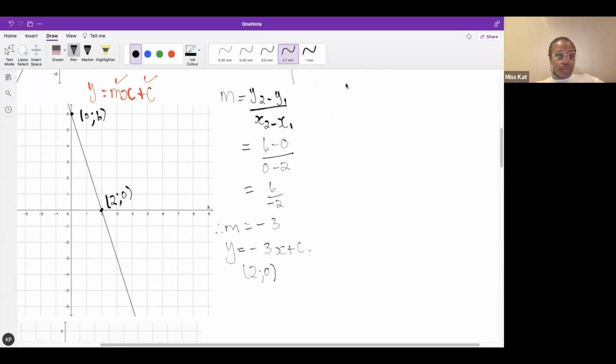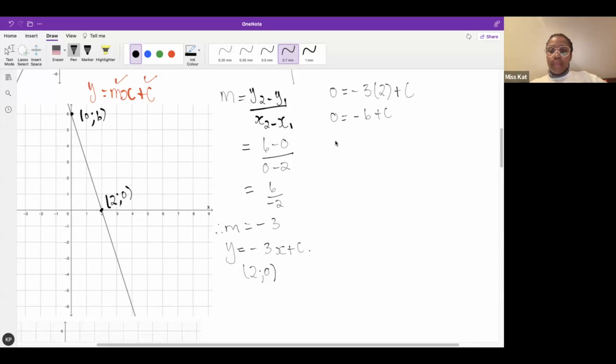Okay, ma'am, so we're going to write 0 is equal to negative 3 in brackets 2 plus c. And 0 is equal to negative 6 plus c.